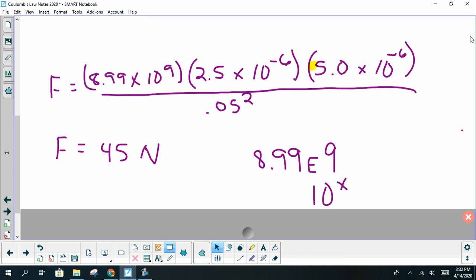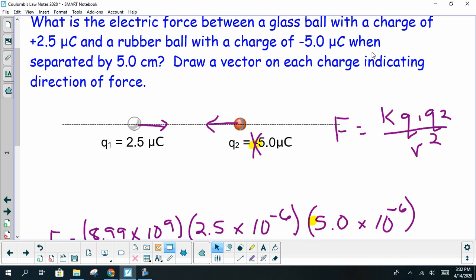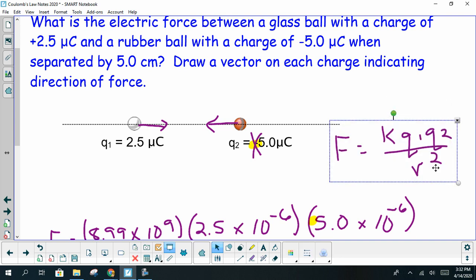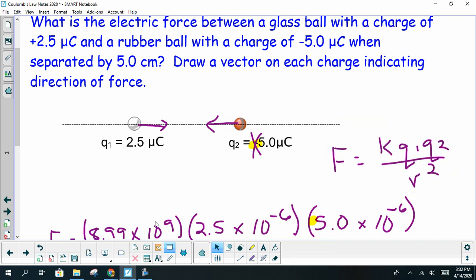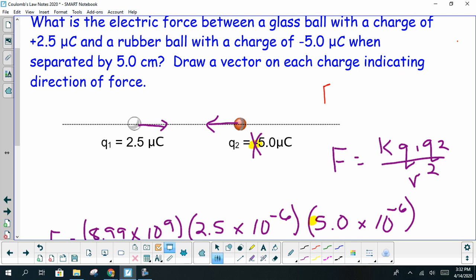The other thing that I want you to notice about Coulomb's law in general is how it looks so much like our gravitational law. So our gravitational force law looks like this. It was gravitational force, I called it F sub g, is equal to, and then it was a capital G times M1 times M2 over r squared.